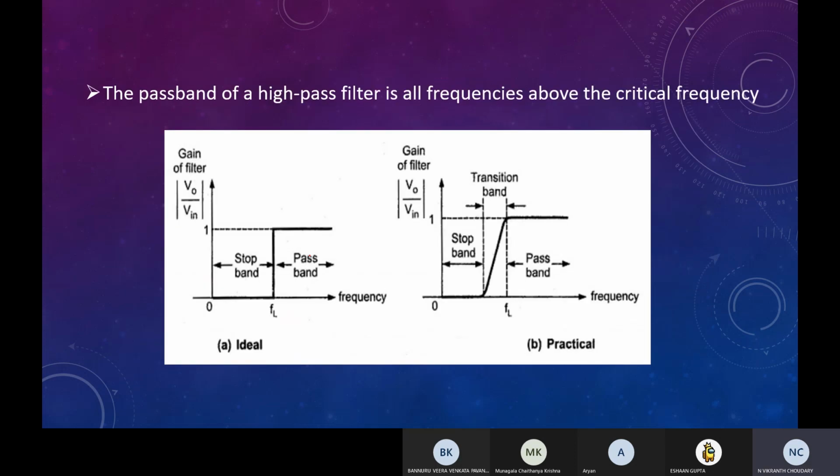The reverse would be for the high pass filter. It should be zero till the cutoff frequency, and after the cutoff frequency it should directly shift to one, or to the significant gain. There shouldn't be any transition region here as well. So this is how the practical plot of a high pass filter looks.